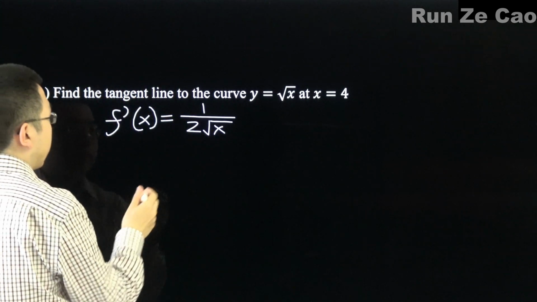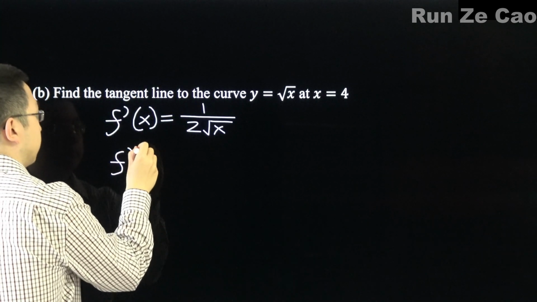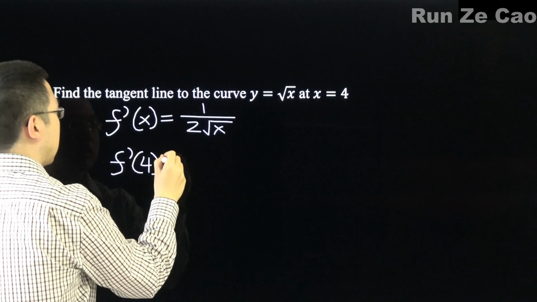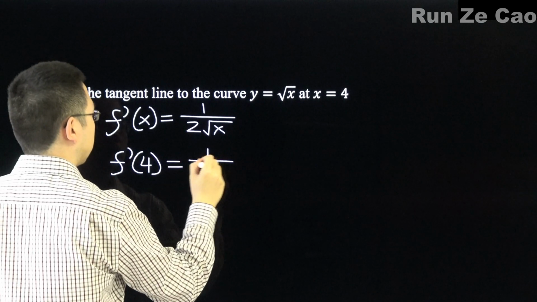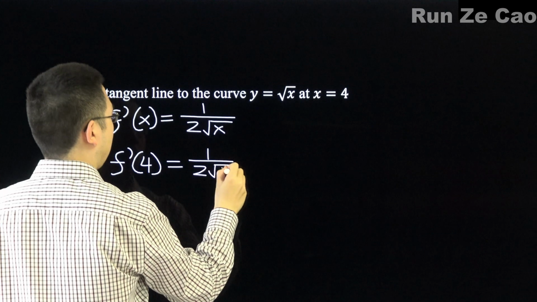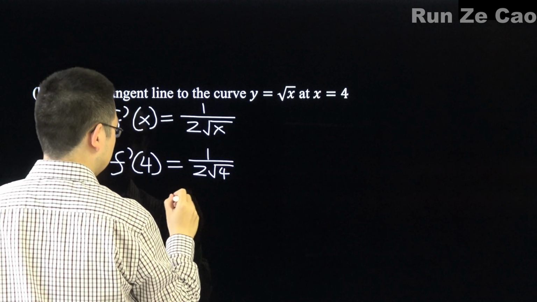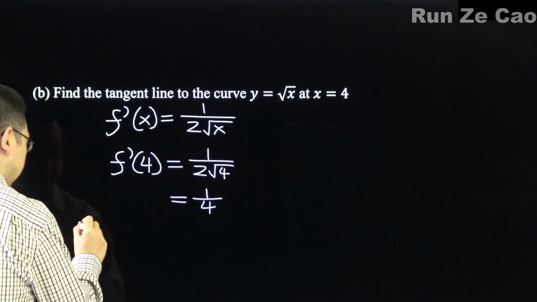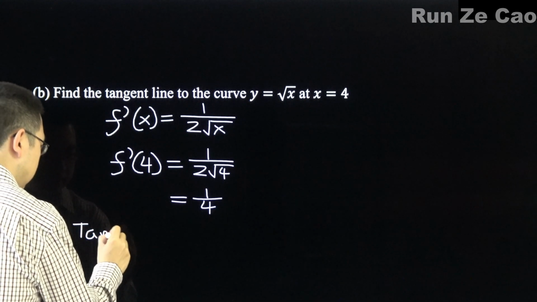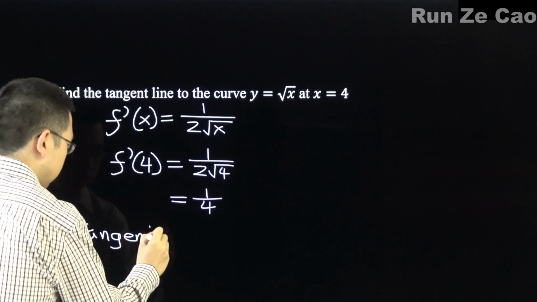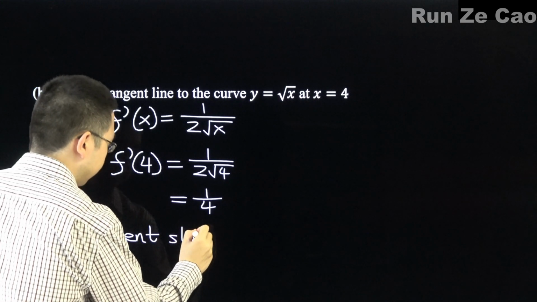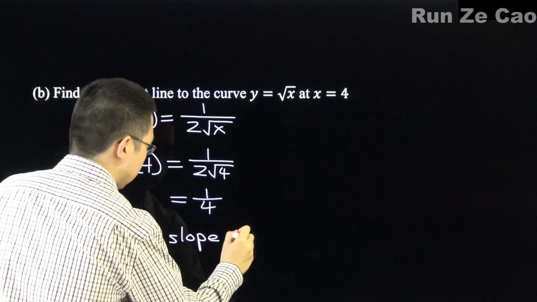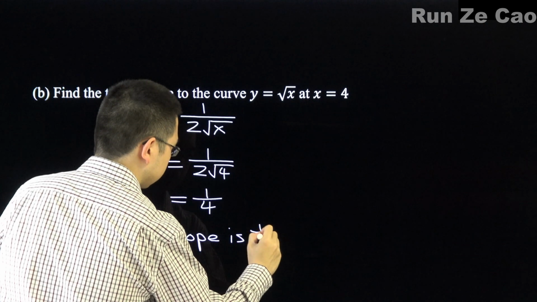Now, for f prime of 4, that's equal to 1 over 2 root 4, which is equal to 1/4. So I'm going to point out that tangent slope is 1/4.